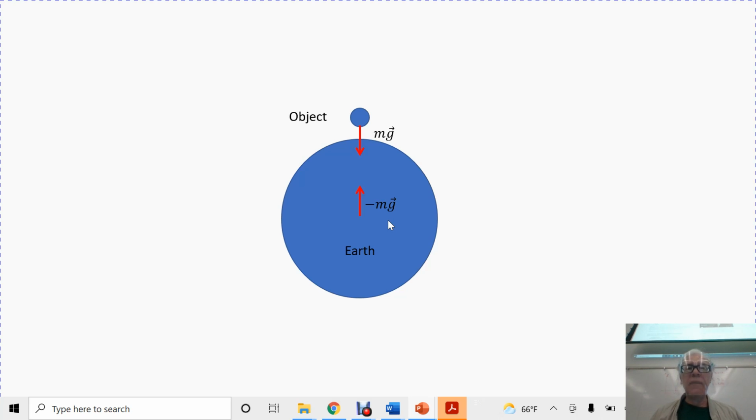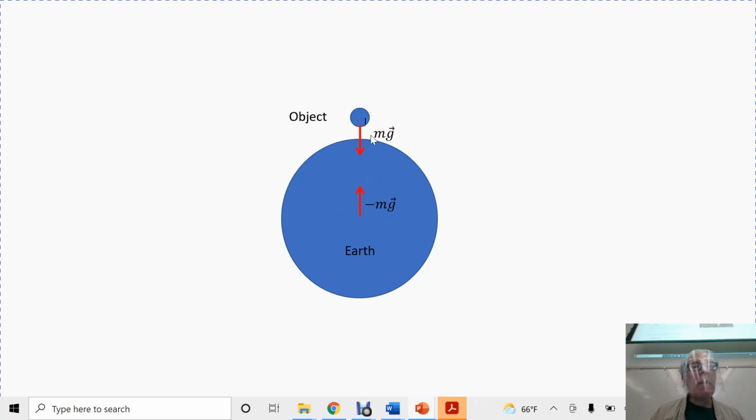Memorize that if two objects interact with one another, if object 1 applies a force F1 on object 2, then object 2 is applying an equal force with opposite direction. It doesn't matter if it is a small apple, the force is going to be the same.